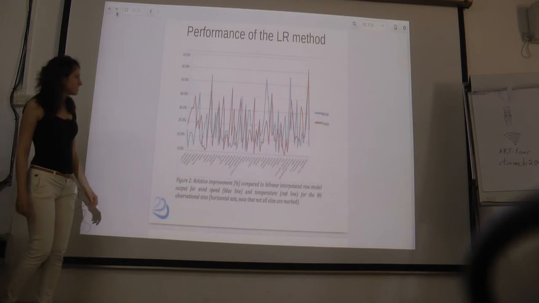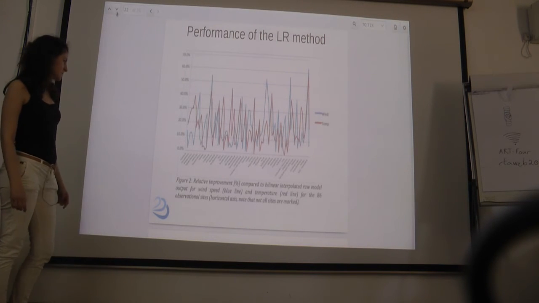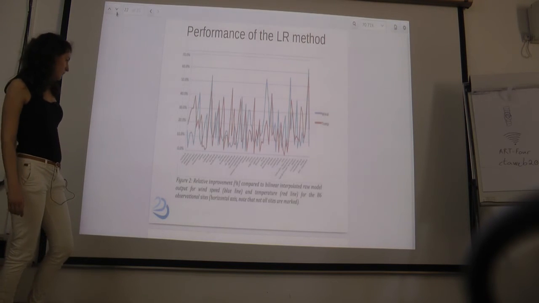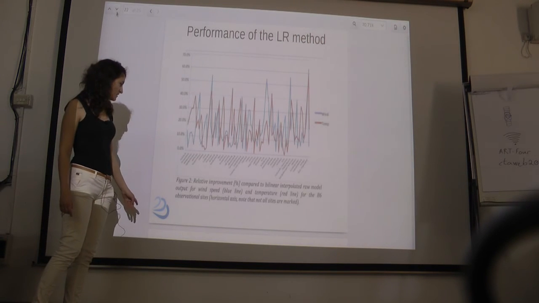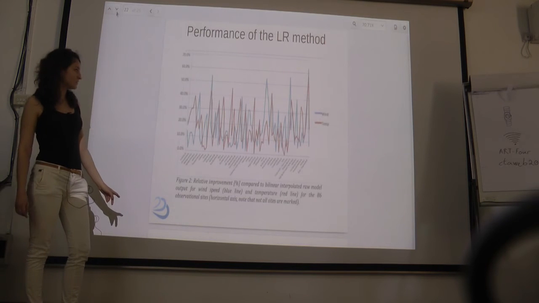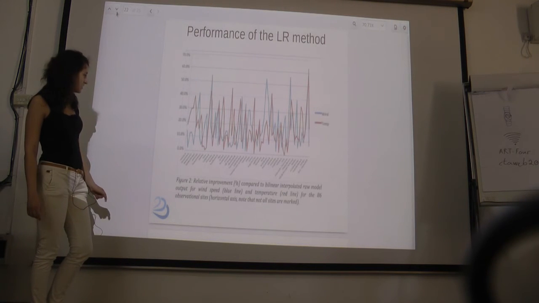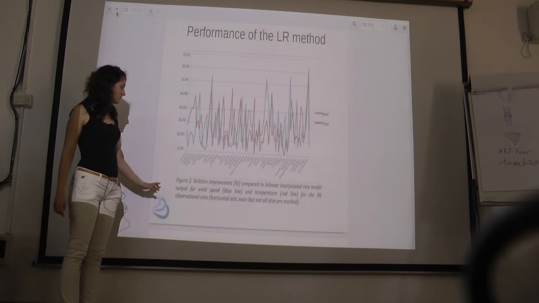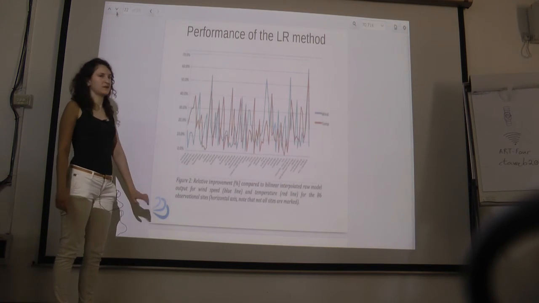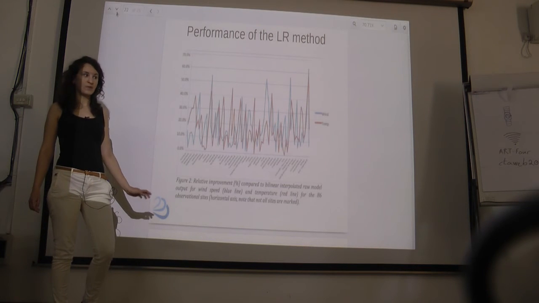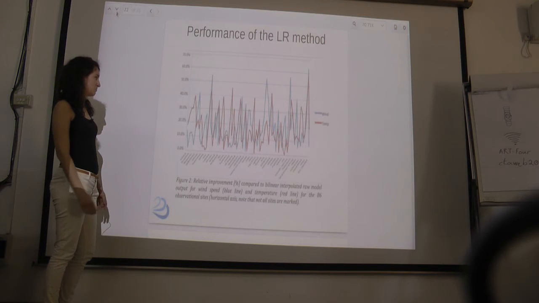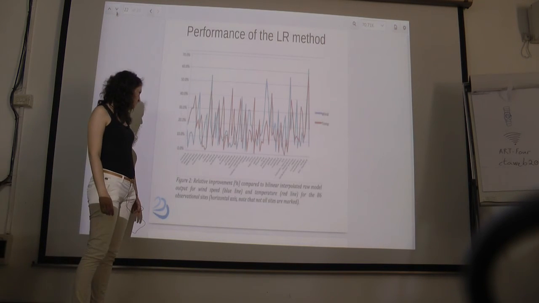These are some results that we got. This was performed in Iceland for the 86 observational sites, for wind speed and for temperature. And this is an improvement compared to the bilinear interpolation method, which is the most common and usually used method in creating point forecasts.